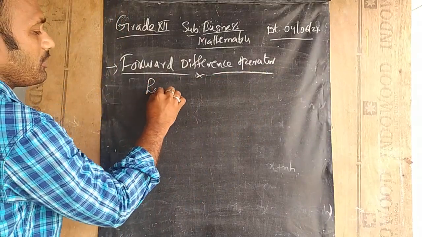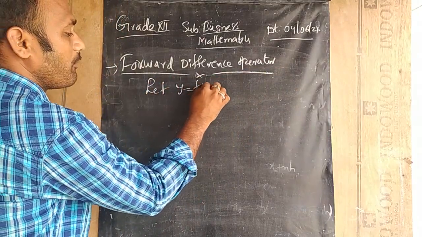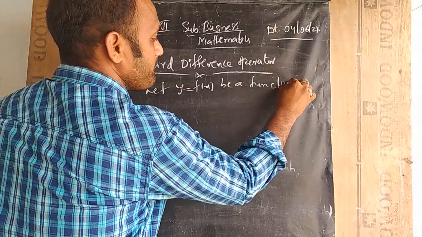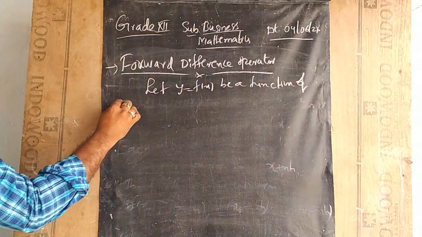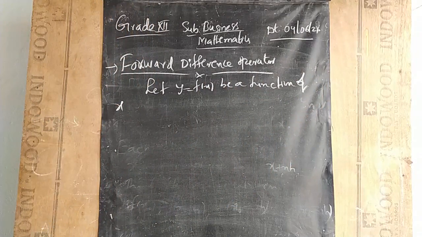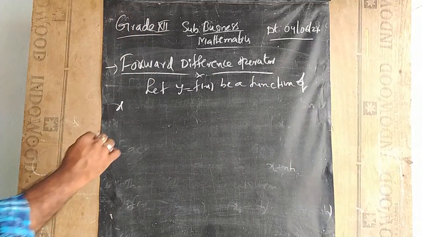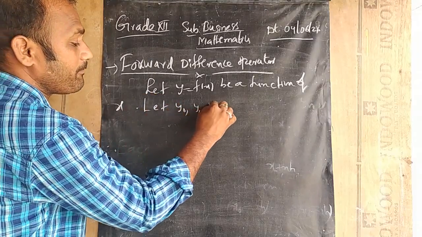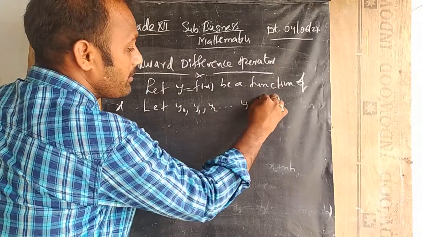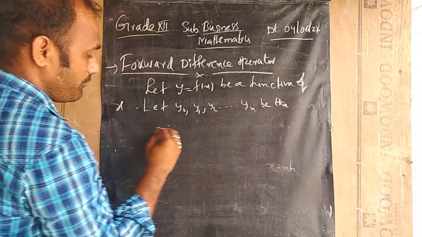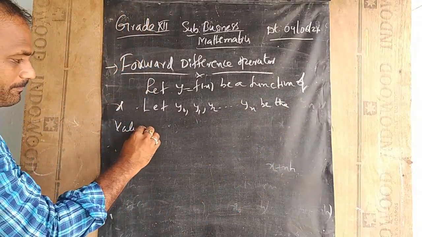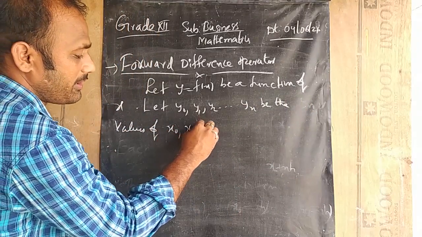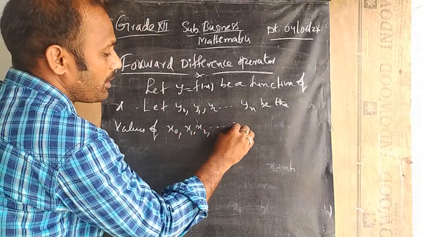So let y is equal to f of x be a function of x. Let y0, y1, y2, and so on, yn be the values at x0, x1, x2, and so on xn.